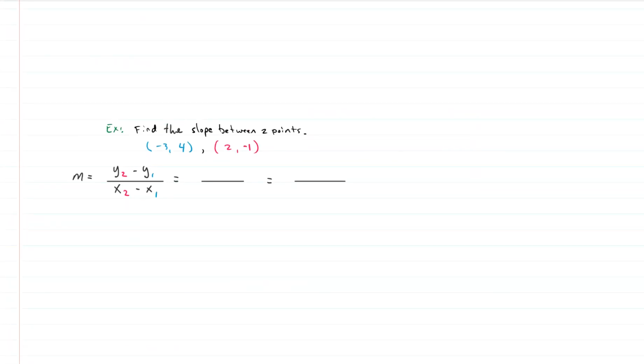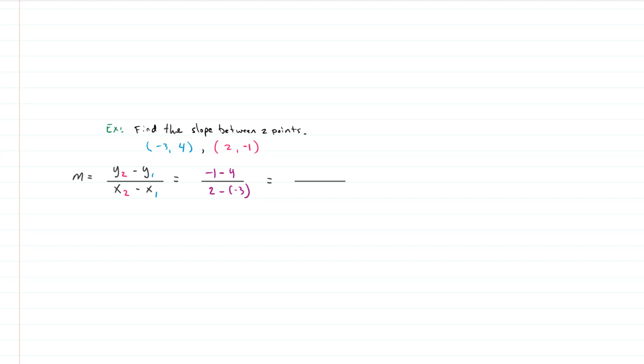All right, let's do an example. Find the slope between these 2 points. So the blue is point 1 and the red is point 2. Let's see what we get here. So y2 gives us -1 minus the blue one, which is 4, and red x, which gives us 2 minus x1, which is -3.